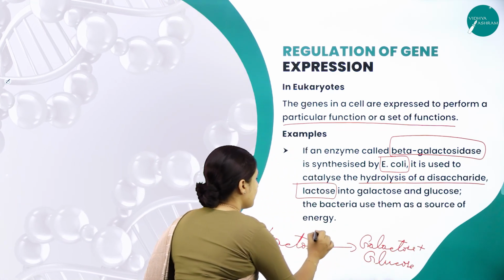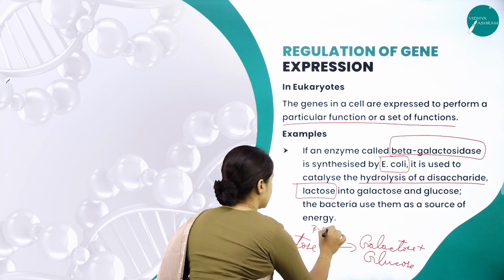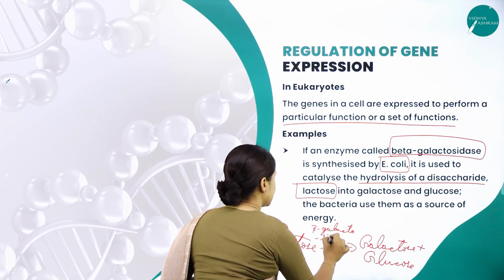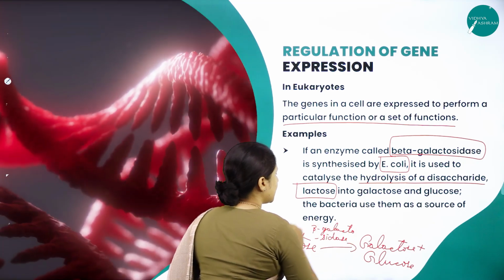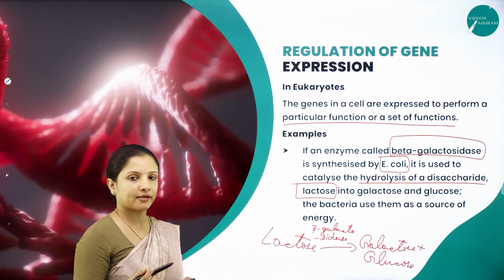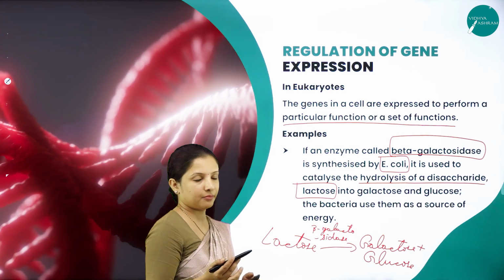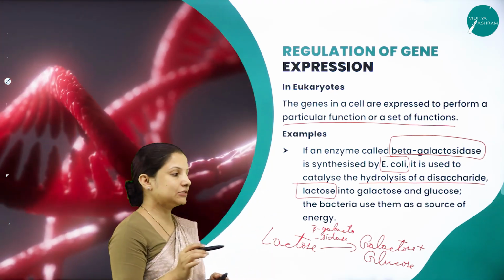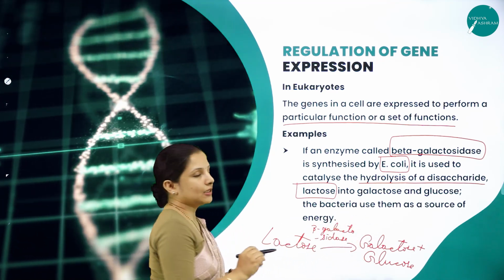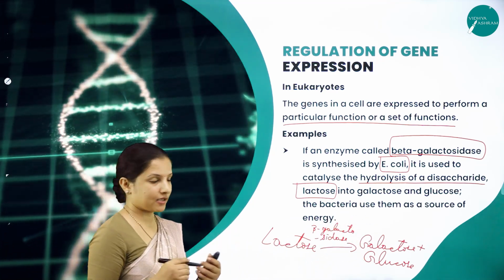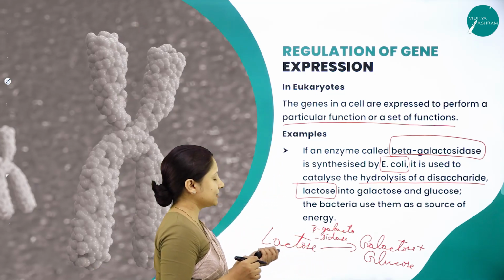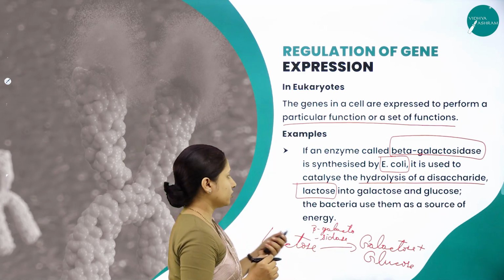Which enzyme? Beta-galactosidase enzyme. This beta-galactosidase enzyme, which is produced by E. coli bacteria, has the function of converting lactose, a disaccharide, into galactose and glucose.